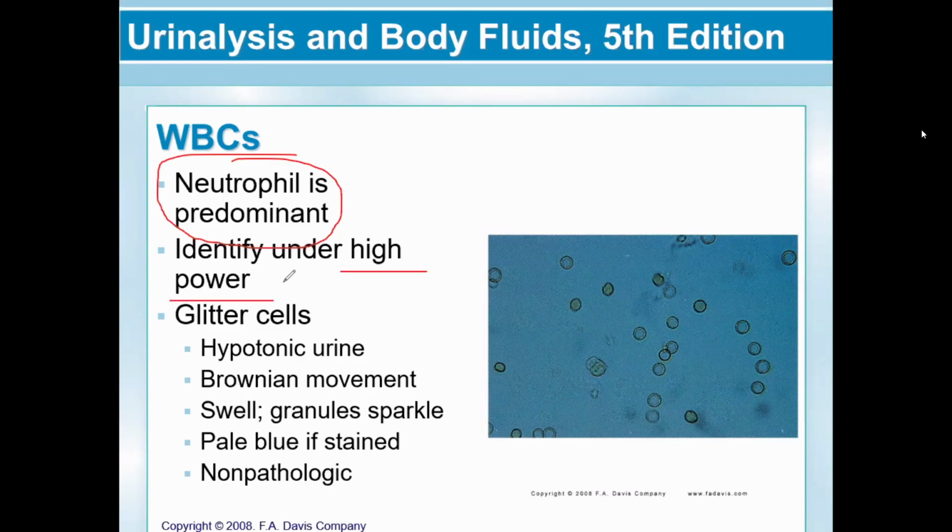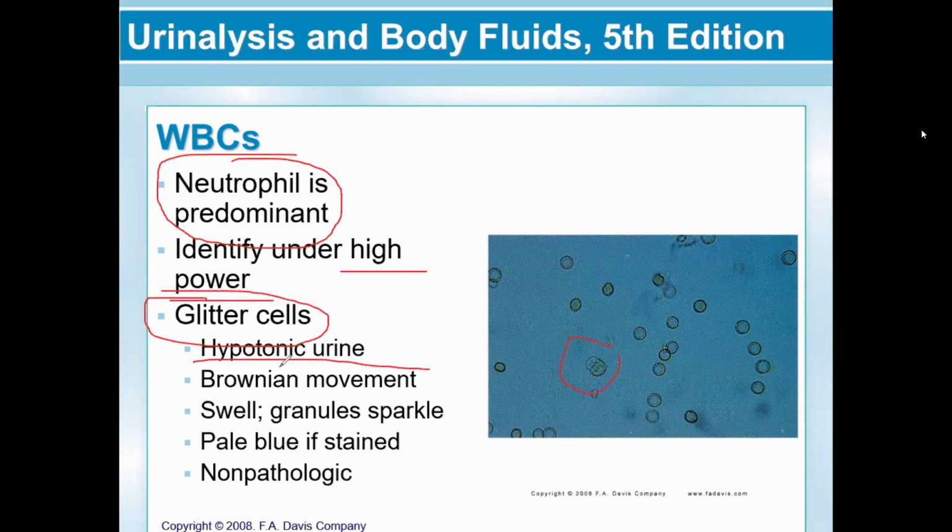Pwede silang crenated or yung mga ghost cell, depende dun sa specific gravity ng ating urine. For white blood cells, we also have what we call your glitter cells. Bakit glitter? Kasi pag tinignan mo sila under the microscope, nag-glitter sila. This is usually seen in patients with hypotonic urine.